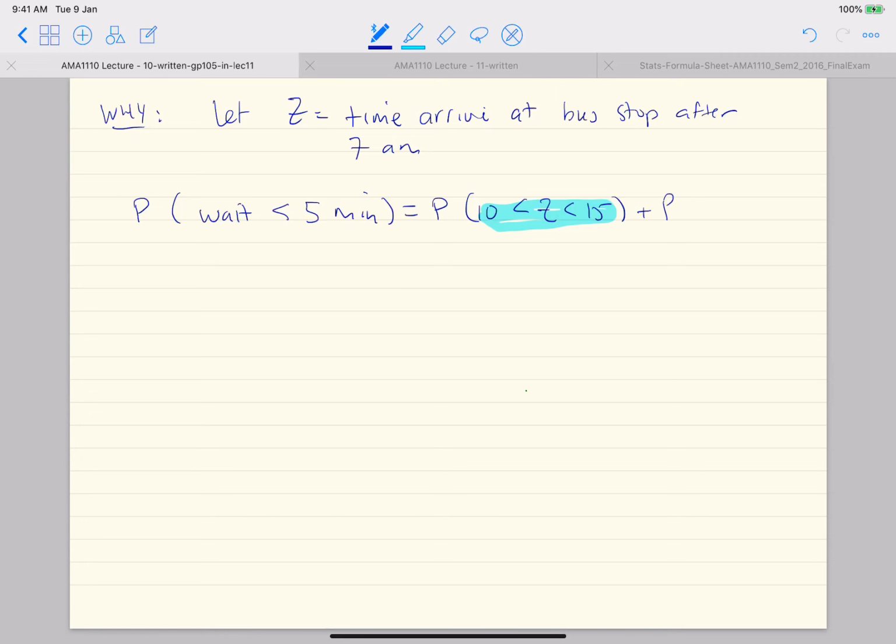And also you have to add the probability that you come in between 7:25 and 7:30, because again, if you come in between 7:25 and 7:30, the next bus comes at 7:30.